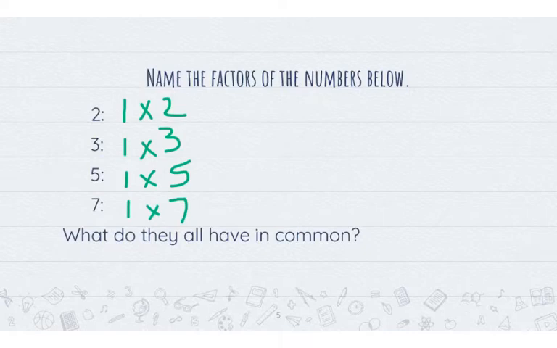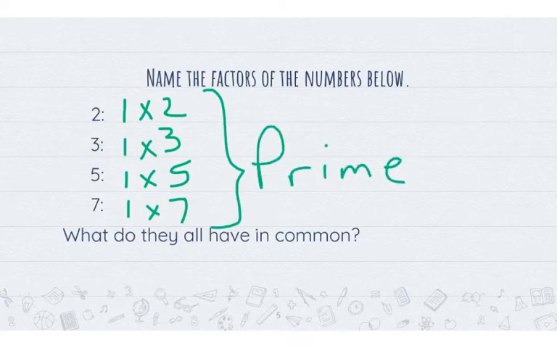Therefore, that is what makes all of these numbers prime numbers. All they have as factors are itself and 1. That is basically the definition of a prime number. These 4 right here, 2, 3, 5, 7, are your first 4 prime numbers, and they're very important, which we'll find out a little bit later on.